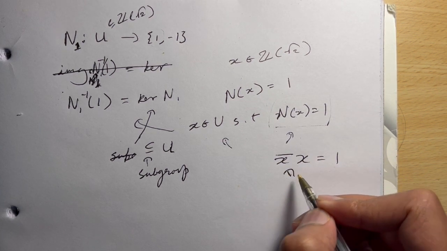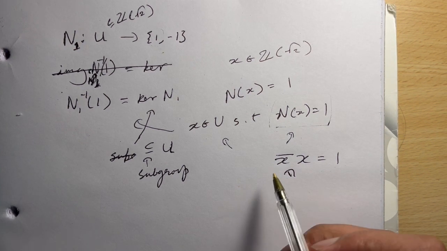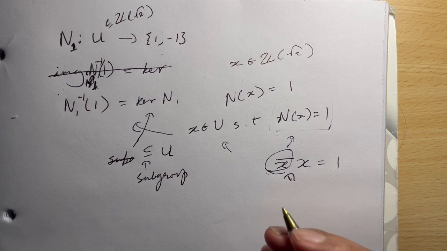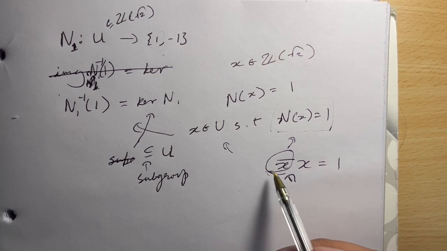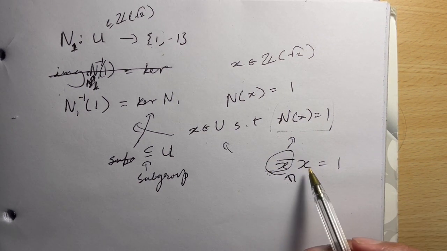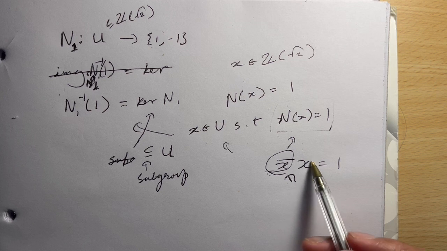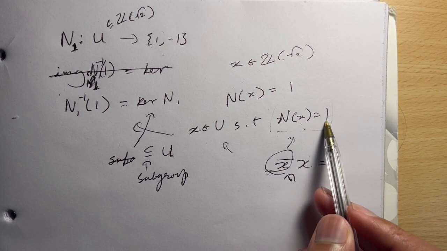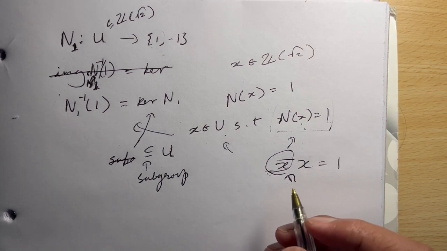Oh my god, I'm so sorry. You must have noticed this and it was screaming at the screen or something. But yes, indeed, this is the multiplicative inverse of x. So if x satisfies this, then it is a unit.